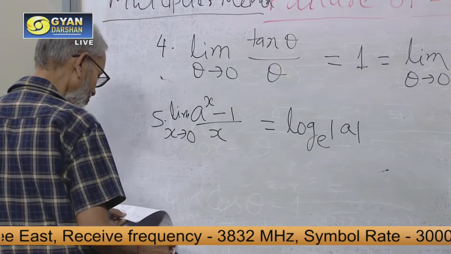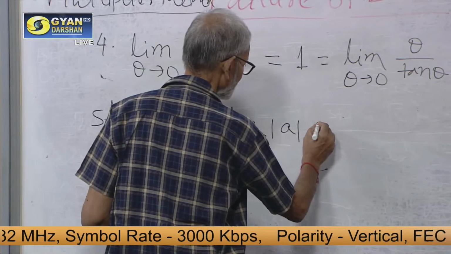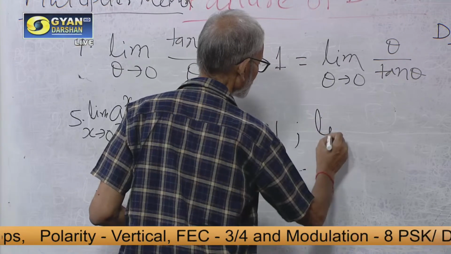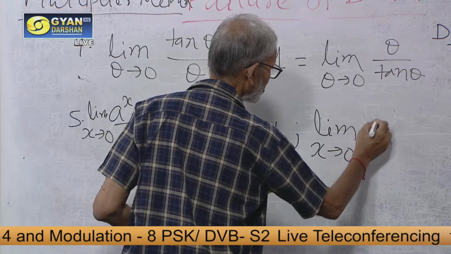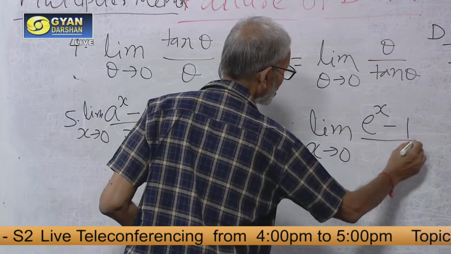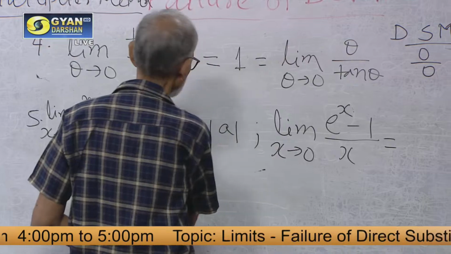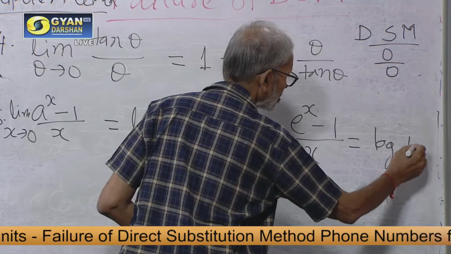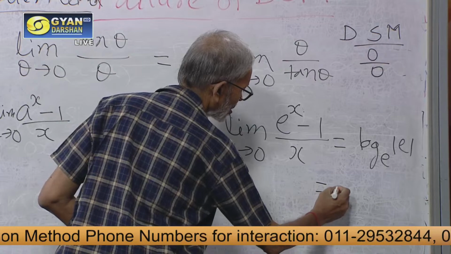And in particular, if it is e, say limit x tends to 0, e to the power x minus 1 upon x. So, from this formula this becomes log e, and you know log e will become 1.